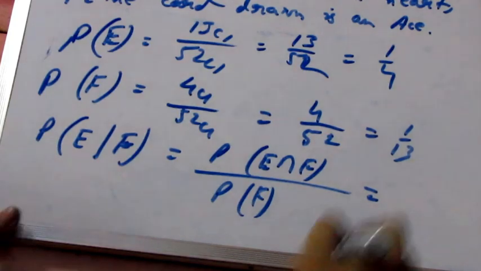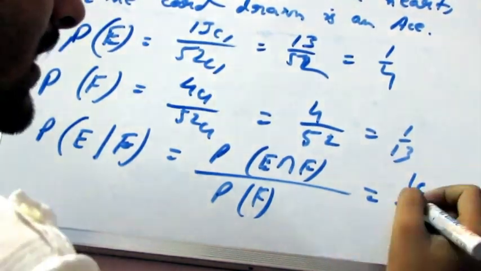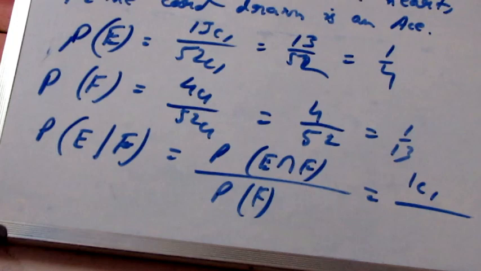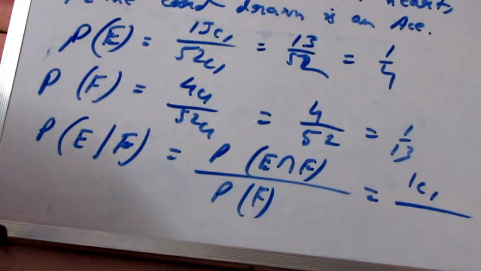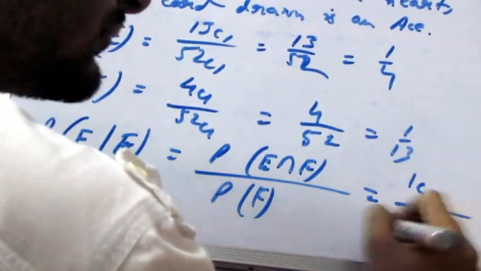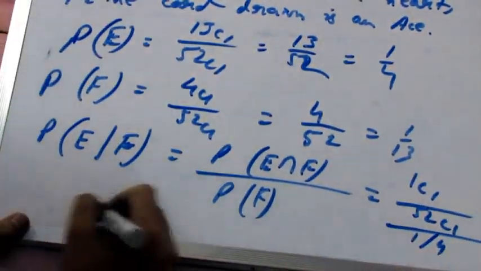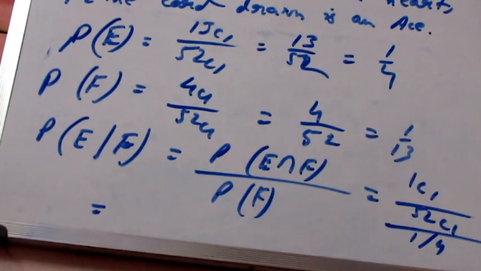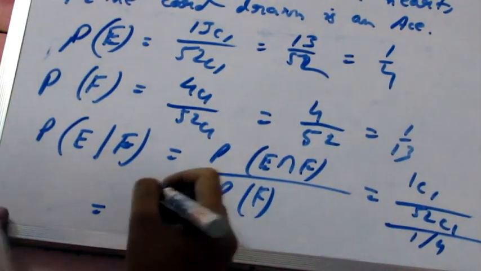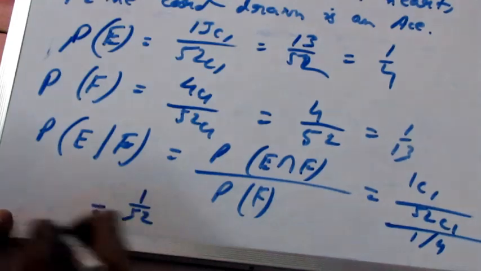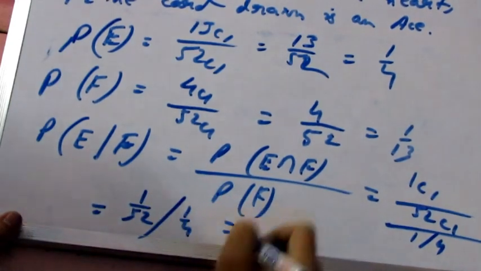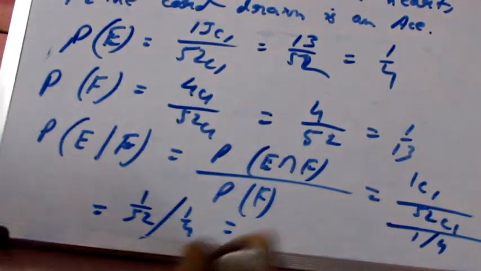That means 1C1 divided by 52C1, whole divided by P of F. We have already found that P of F is 1 by 13. So it is equal to 1C1 equal to 1 divided by 52, means 1 by 52, and whole divided by 1 by 4, which becomes 1 by 13.